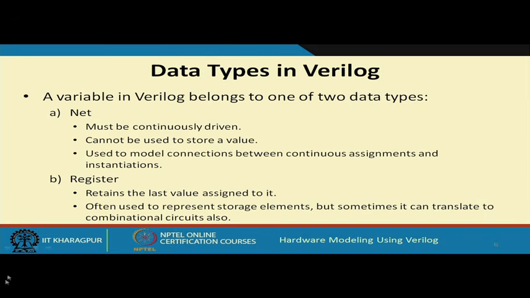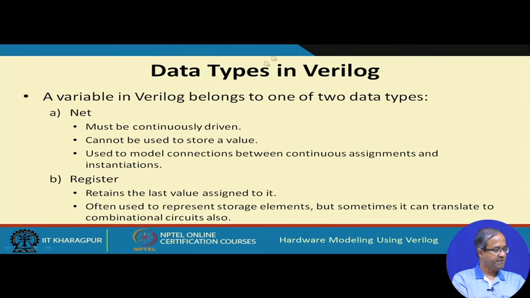This is a register type variable in Verilog, and when you talk about hardware registers, the implementation is flip flops. Even if you declare a variable of type register, it is often used to represent storage elements, but there can be instances where a register translates into a combinational circuit also. This you have to remember.